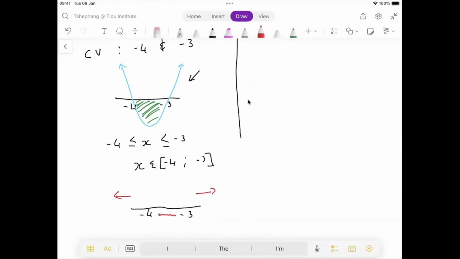You see, it's a lot of work so that we can see which values are going to give us positive. If we substitute maybe -10 here, it will give you positive. Maybe you substitute a 0 here, you're going to get positive. But if you substitute -3.5, you are going to get a negative. Then it shows you that the values between -4 and -3 are the ones that are going to give you negative. There is a lot that we need to do there.